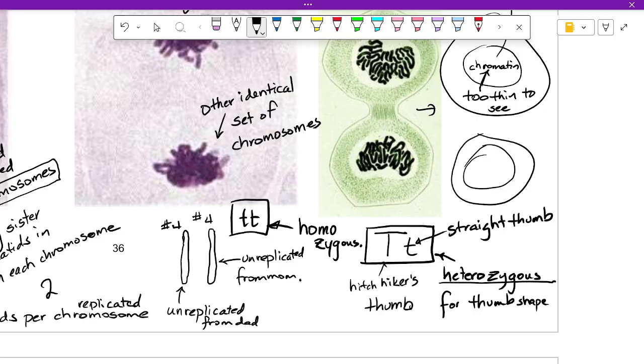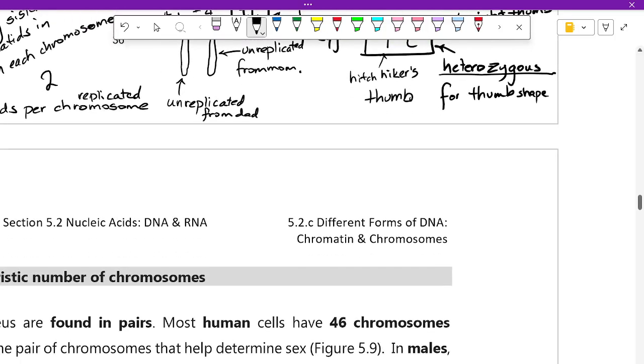We will have a quiz on Tuesday on genes, chromosomes, alleles, and then our test will be on Friday. Okay? So quiz Tuesday, test Friday. Yes, cheat sheet for test.